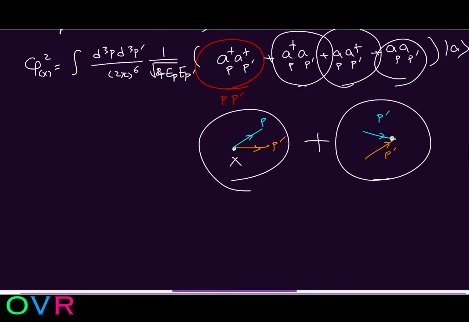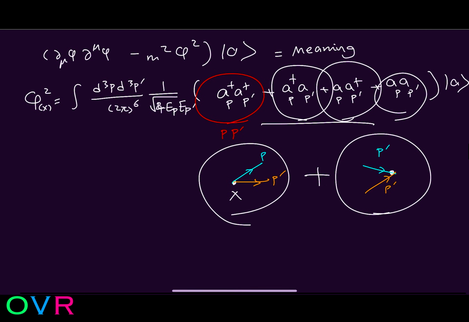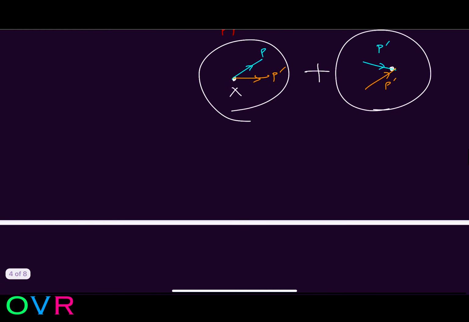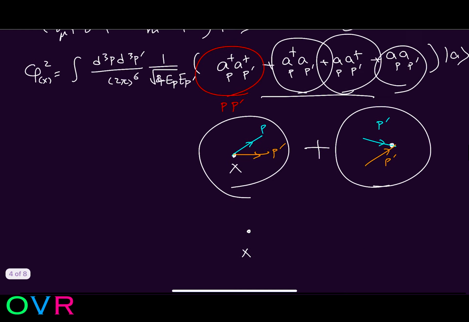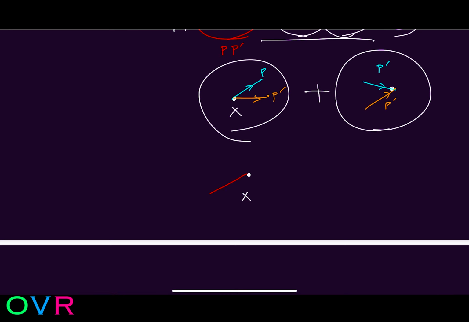These middle terms are called propagators. These are creation and annihilation on the background, called fluctuation, but the middle terms are propagators. They create and annihilate, but with p and p prime. So what does it mean? It means that if I have a point x, the first term, let's say, creates p but annihilates p prime. Let's say p is the first one and p prime is the second one.